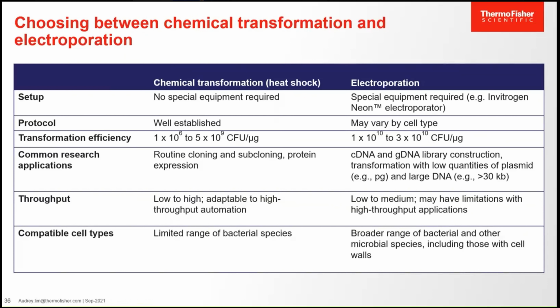While for more challenging applications, such as constructing cDNA or gDNA libraries of various DNA sizes, or transformation of a very low quantity of plasmid, like in the picogram range, or transforming very large DNA above 30 kb, then electroporation is more preferred.